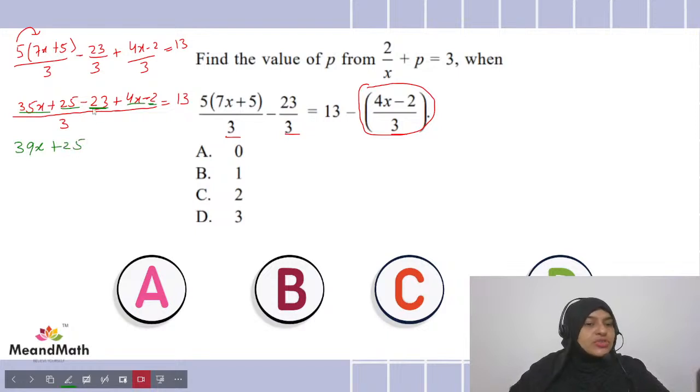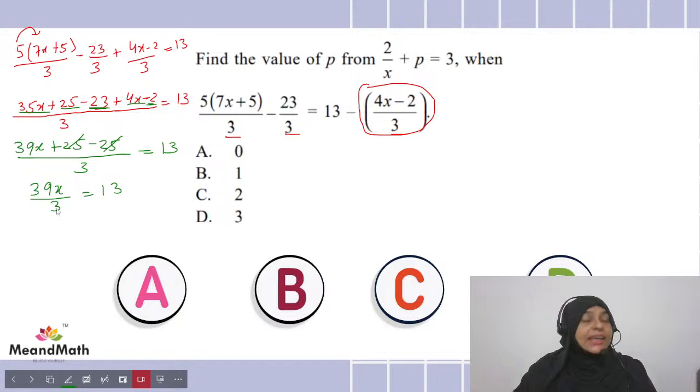So it is minus 23 and minus 2 will become minus 25 divided by 3, which is equal to 13. Now 25 minus 25 is equal to 0. So 39x divided by 3 is equal to 13.